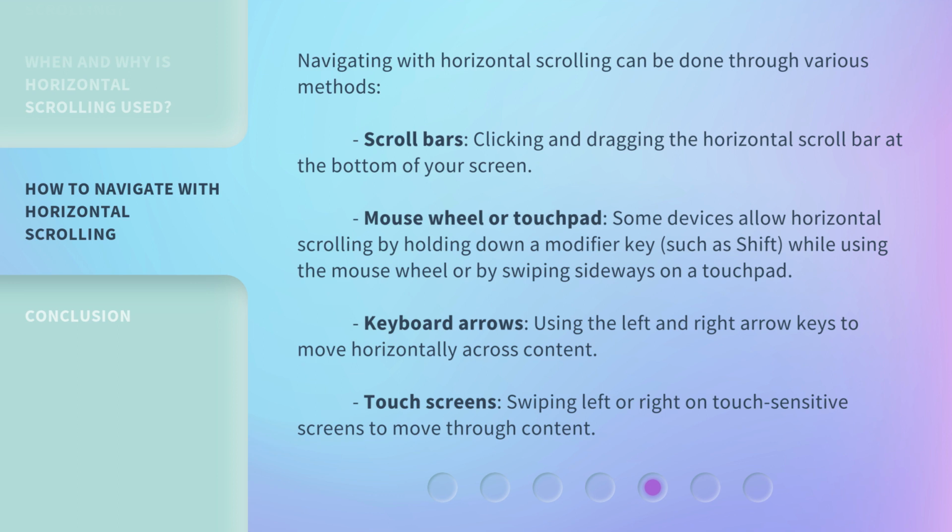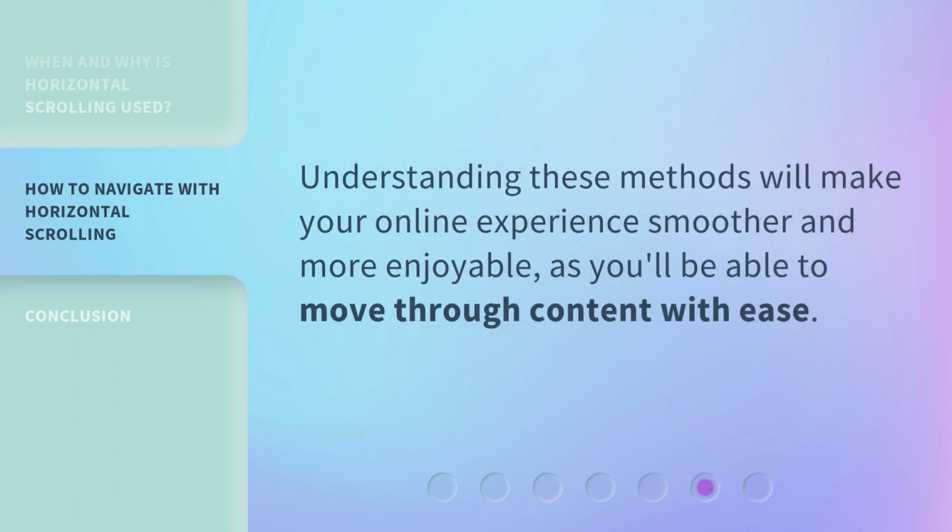Keyboard arrows: using the left and right arrow keys to move horizontally across content. Touch screens: swiping left or right on touch-sensitive screens to move through content. Understanding these methods will make your online experience smoother and more enjoyable, as you'll be able to move through content with ease.